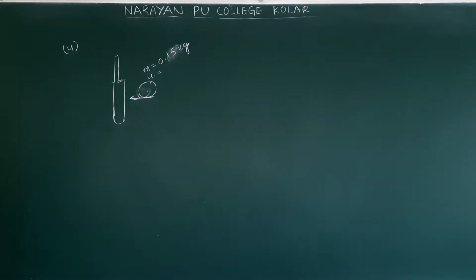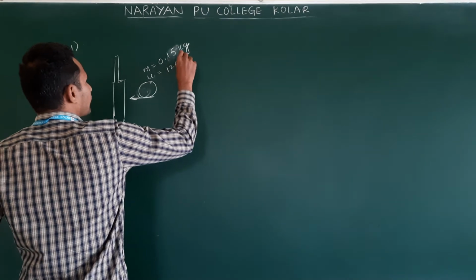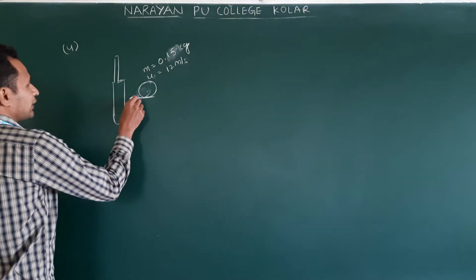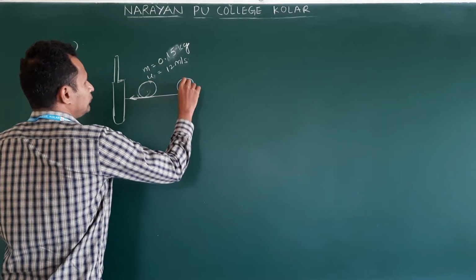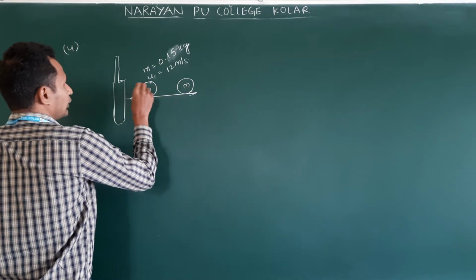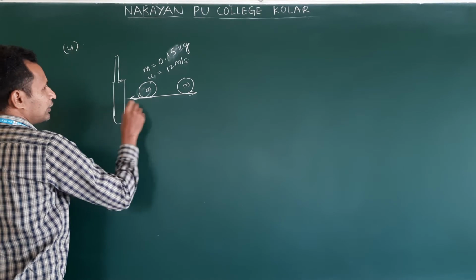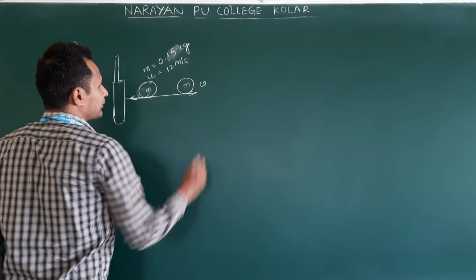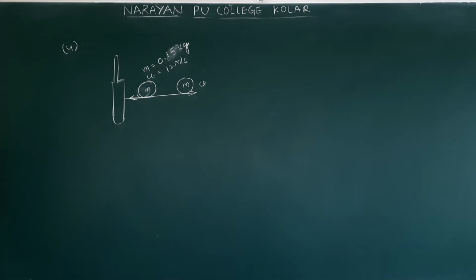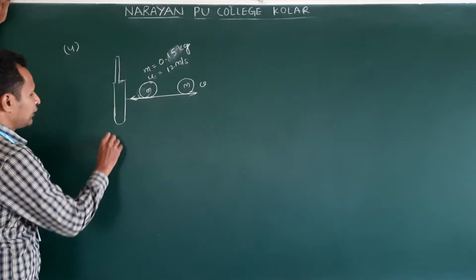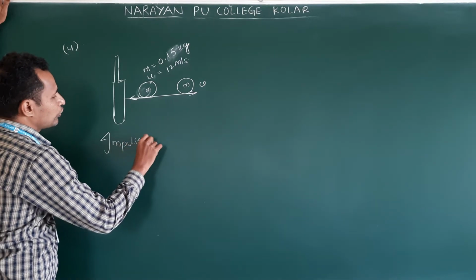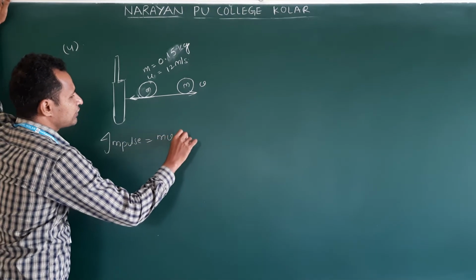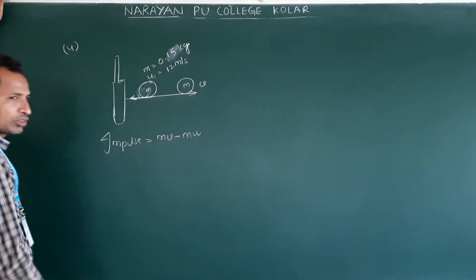What is that u? u is given as 12 meter per second. After the hit, again it goes in the same line like this. The initial direction is this one, the final direction is this one, v. Okay? They are asking the impulse imparted. Then impulse is equal to mv minus mu. Clear?